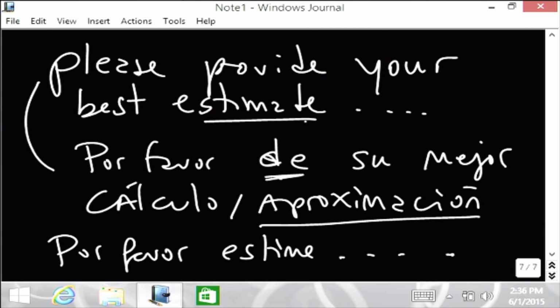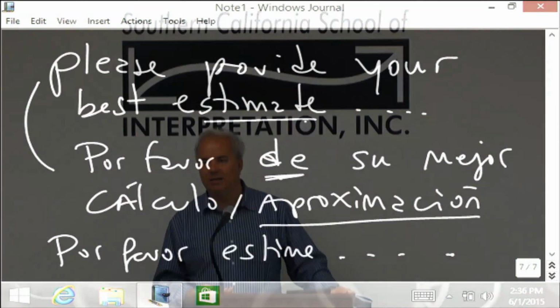Like, for example, when you need to have your car fixed, and they say, well, we're going to give you an estimate. Le vamos a dar un cálculo aproximado, una aproximación de lo que le va a costar. It doesn't mean an exact amount, but it's just an approximation of what you will be paying. If you say, le vamos a dar un estimado, estimado in Spanish quiere decir dear, like estimado Dr. Rodriguez, dear Dr. Rodriguez.